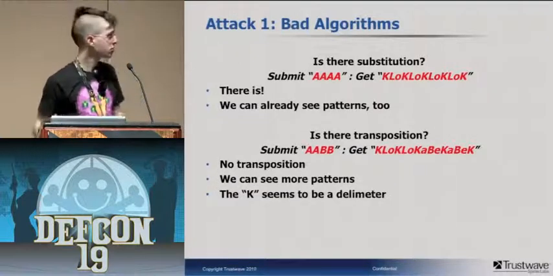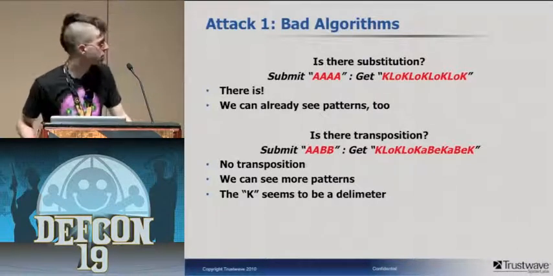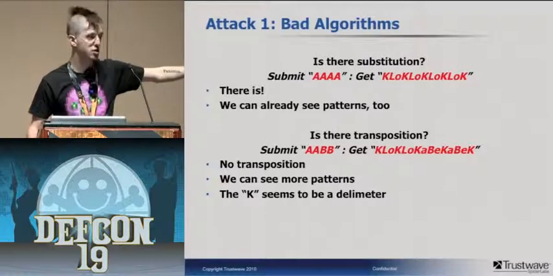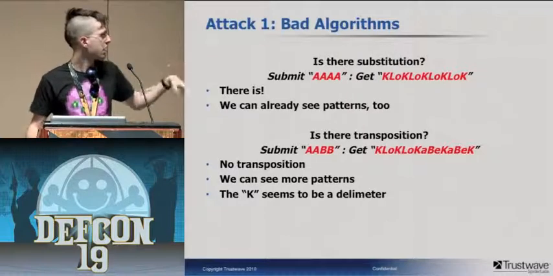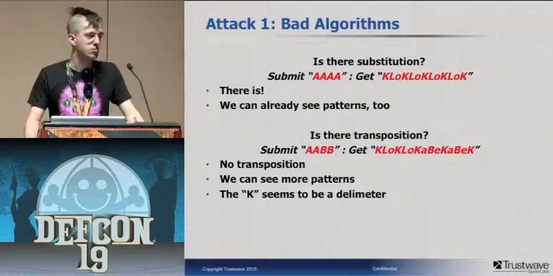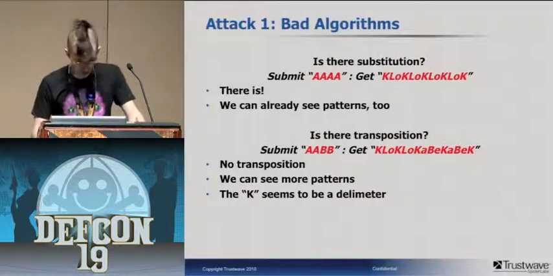The K also seems to be a delimiter. One thing you'll notice is that you can have different lengths with these characters. So the K is just standing in to separate characters, so that even with variable lengths for the ciphertext version of different characters, well, anyway, let's move on.